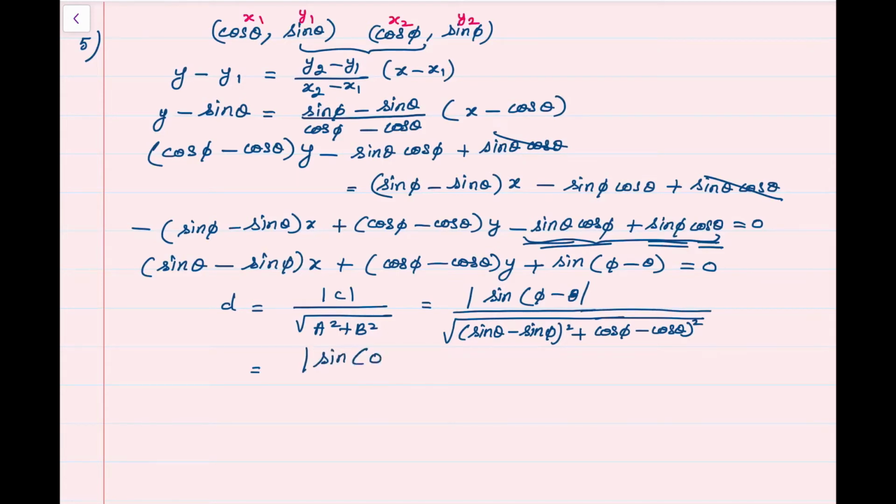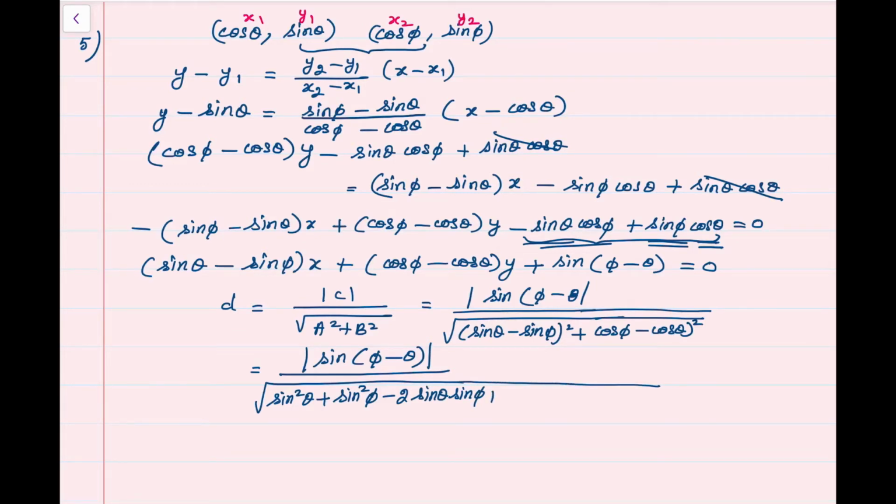Absolute value of sin of phi minus theta divided by square root of, we will expand this using a minus b the whole square identity, which is sin square theta plus sin square phi minus 2 sin theta sin phi. Similarly, the second term is cos square phi plus cos square theta minus 2 cos phi cos theta.